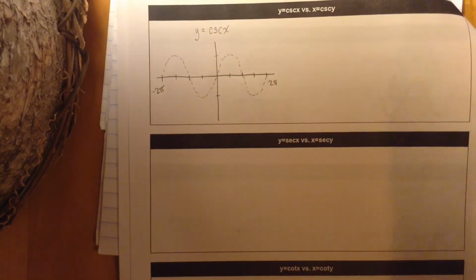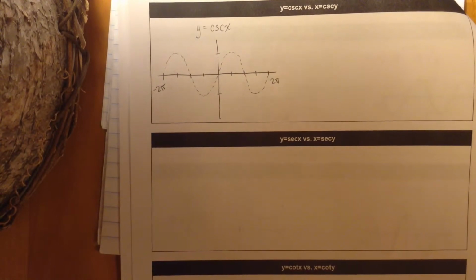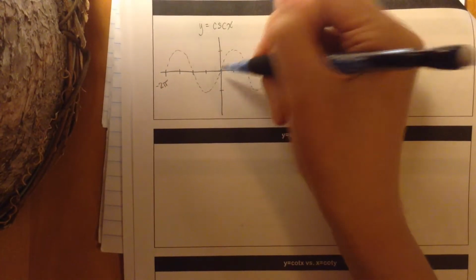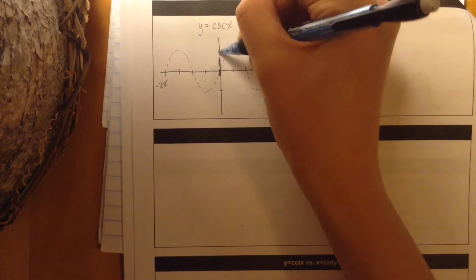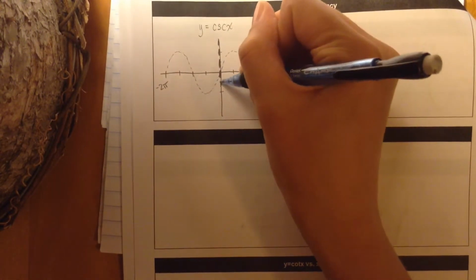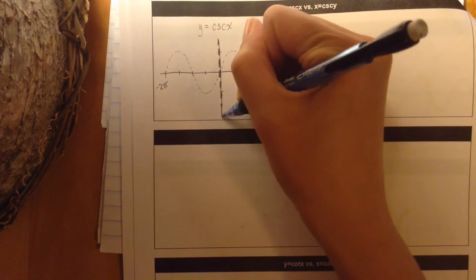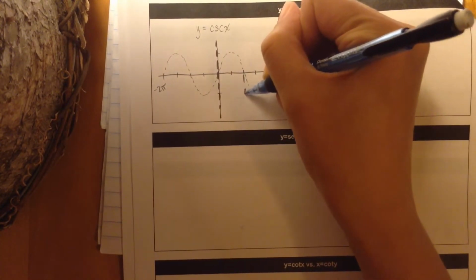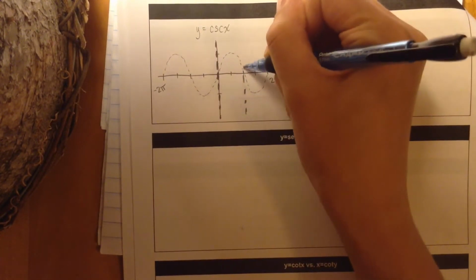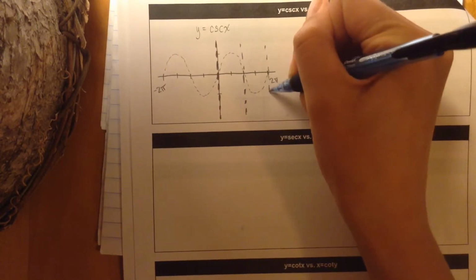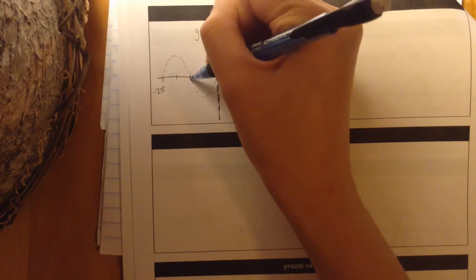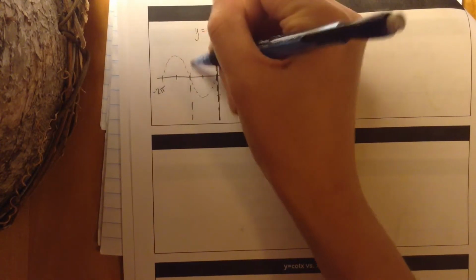Okay. Well, if I take the reciprocal, it's going to instead bounce off, but please note that in a reciprocal of 0, we get asymptotes, and so on the cosecant function at 0, and at pi, and at 2 pi, so any interval of a full pi, we have asymptotes. So let's sketch those in.